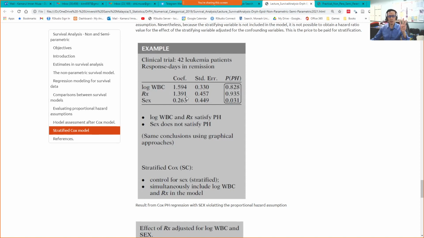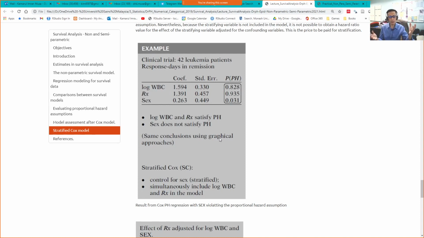It shows that for log of the white blood cell count it is above 0.05, so it satisfies the PH assumptions. Treatment is also bigger than 0.05. However, for sex, it looks like there is crossing of hazard for men and women with p-value of less than 0.05. So it suggests that sex does not satisfy proportional hazard assumptions.